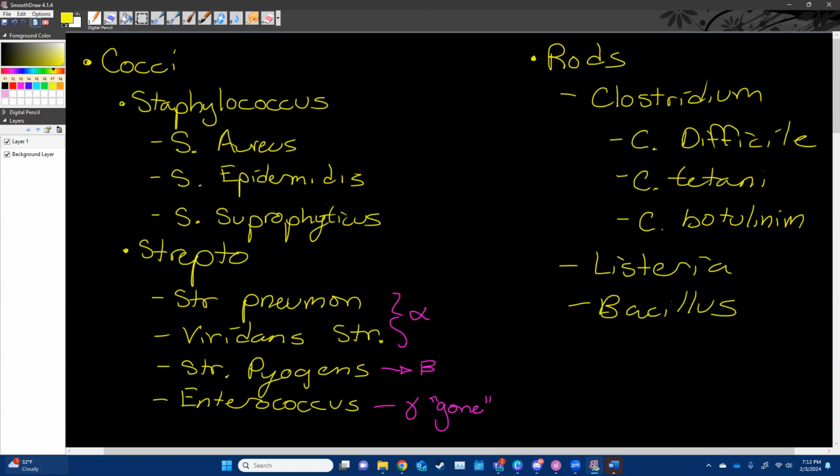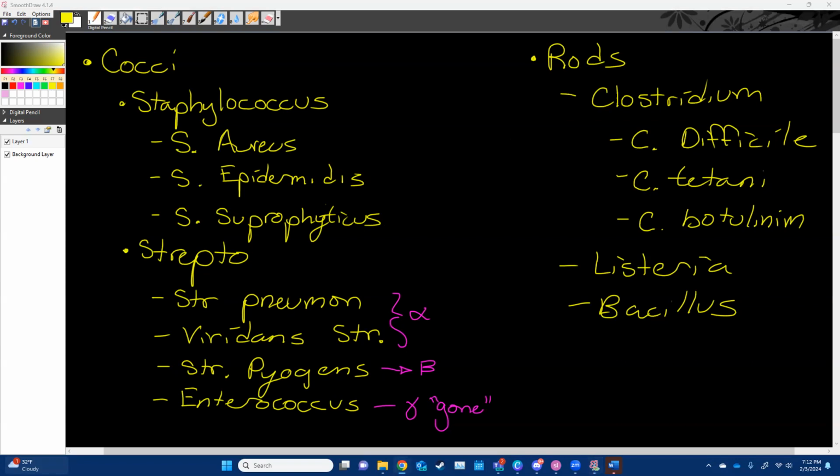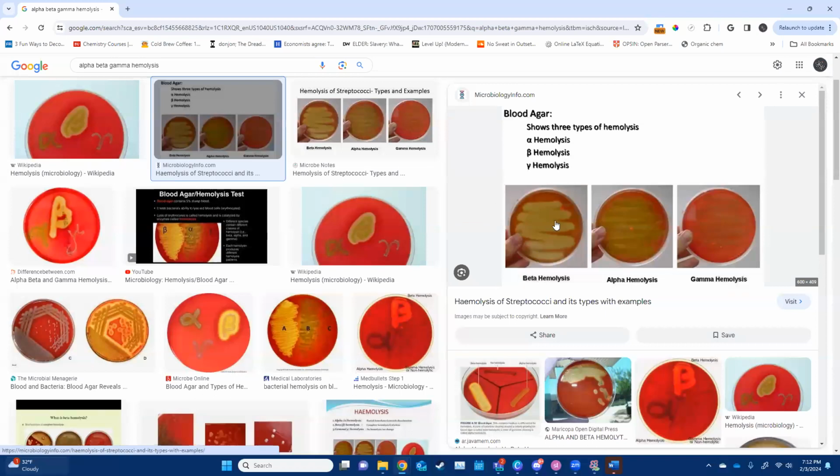With the bacteria, it's a good question. When we talk about streptococcus, one of the ways that we differentiate what kind of bacteria it is is based on the hemolysis test.